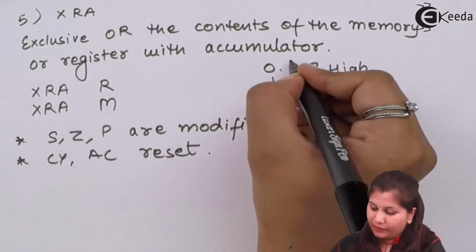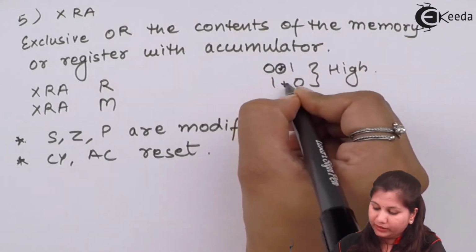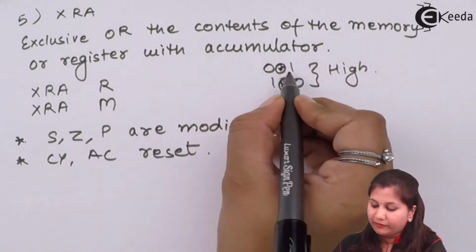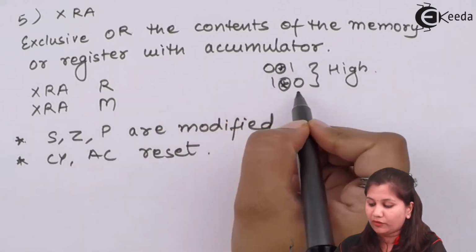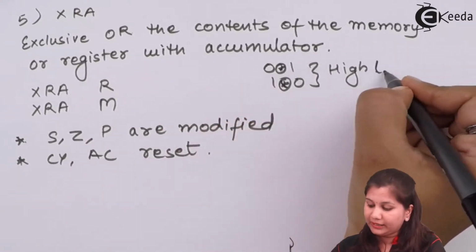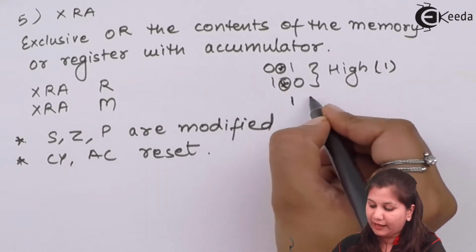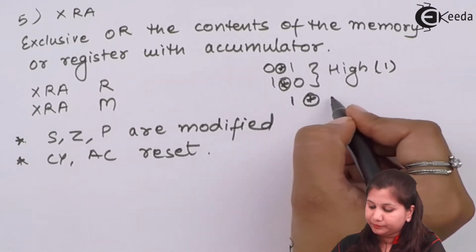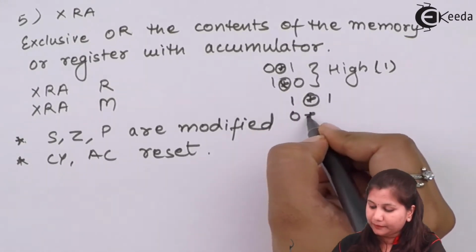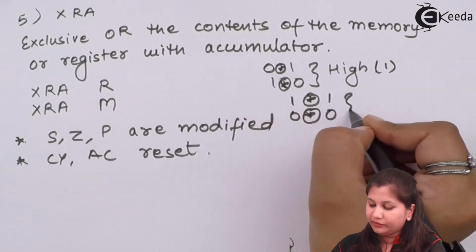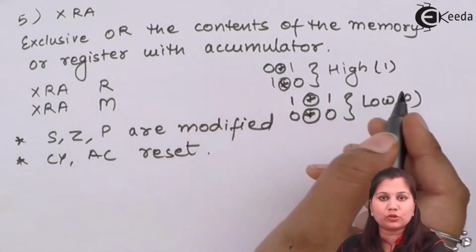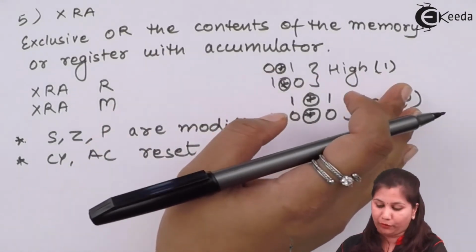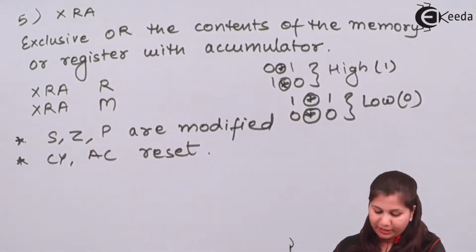When we are exclusively ORing the contents, when we are having different bits like 0 1 or 1 0, then we will get a high output, and if we are having the same, then we will get a low output. So this is how the exclusive OR operation is performed.